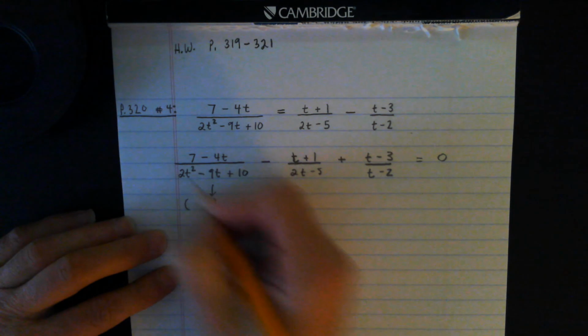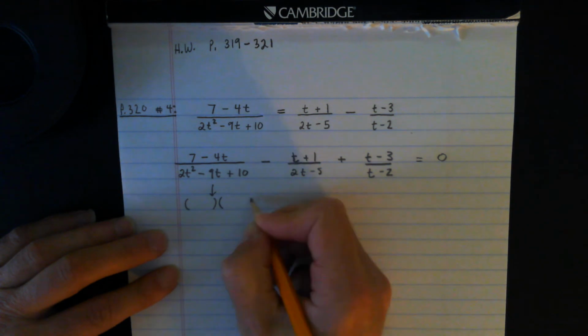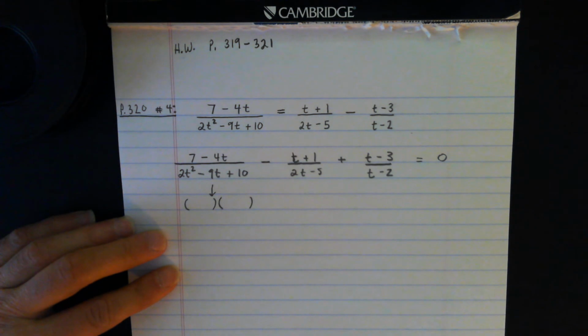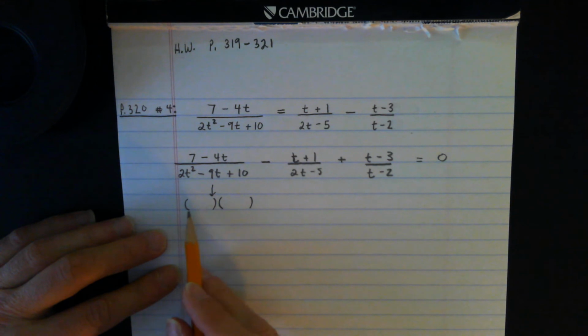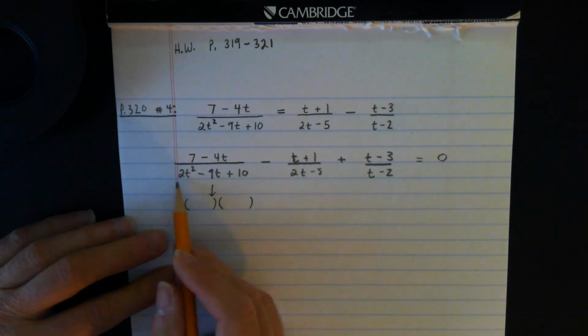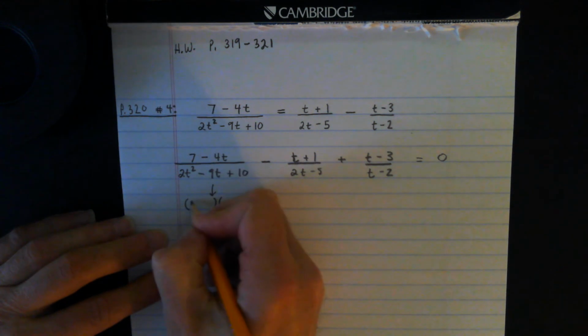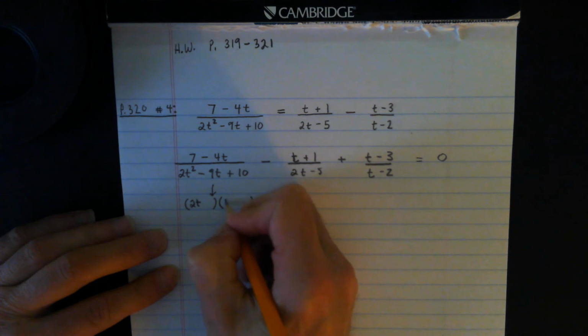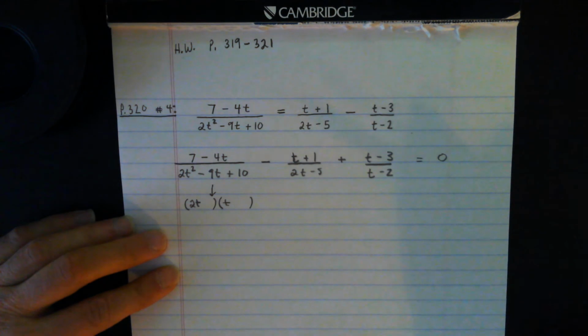Well, I know it's a quadratic. It's going to require 2 sets of brackets with linear expressions on the inside. And the first term in each set of brackets, together they need to multiply to 2t squared. So it must look something like this, 2t times t like that.